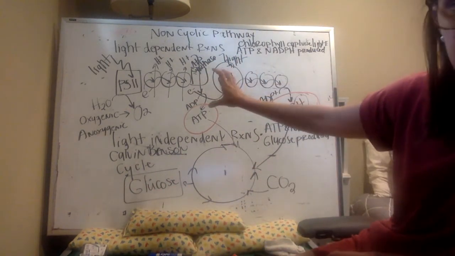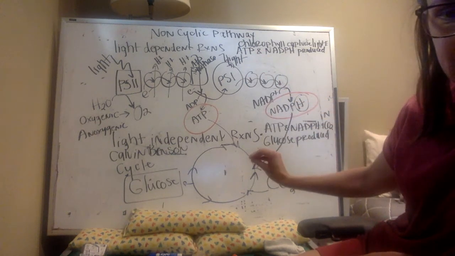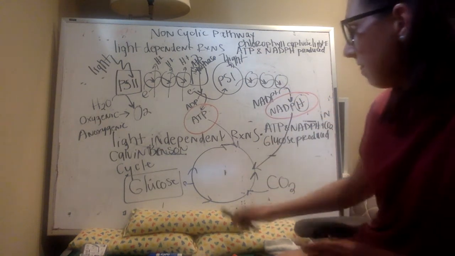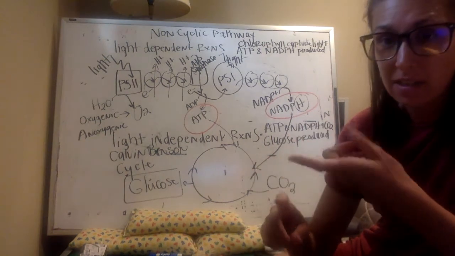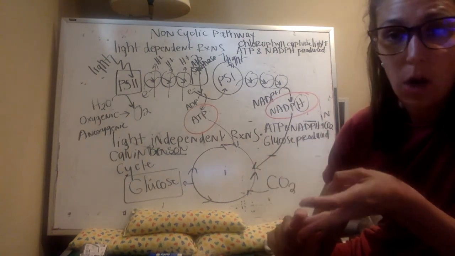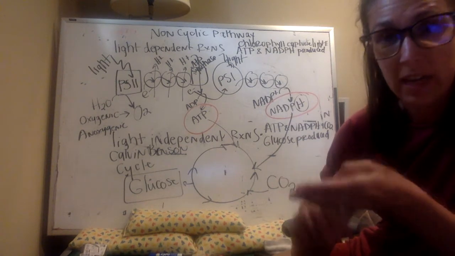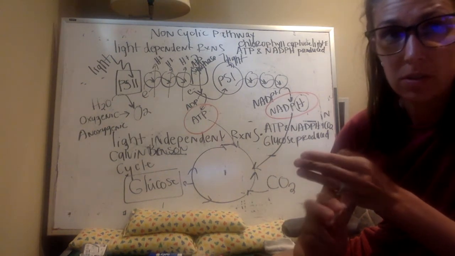So pairing the light-dependent reactions and the light-independent reactions together allows an organism to take inorganic things like light, water, and carbon dioxide, and make an organic molecule, glucose. So it's pretty cool.